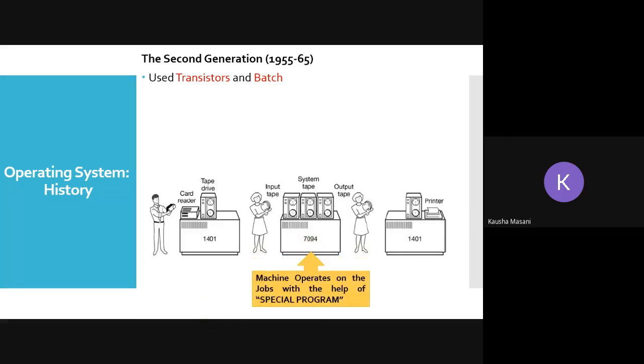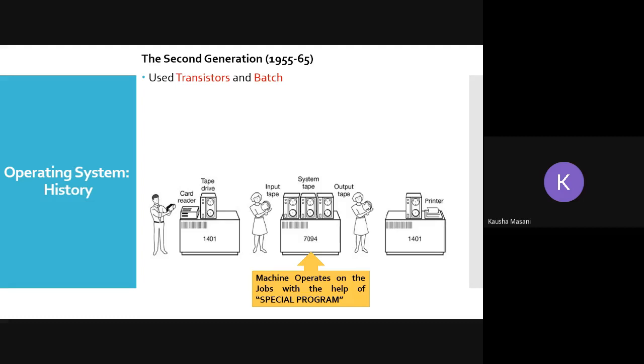So this machine operates on the jobs with the help of a special program. This special program is nothing but the OS of that time. All the outputs were not given directly. Suppose there are 5 jobs written, then first job output given, second job output given, that was not the thing. This system used to write all the outputs on one output tape.